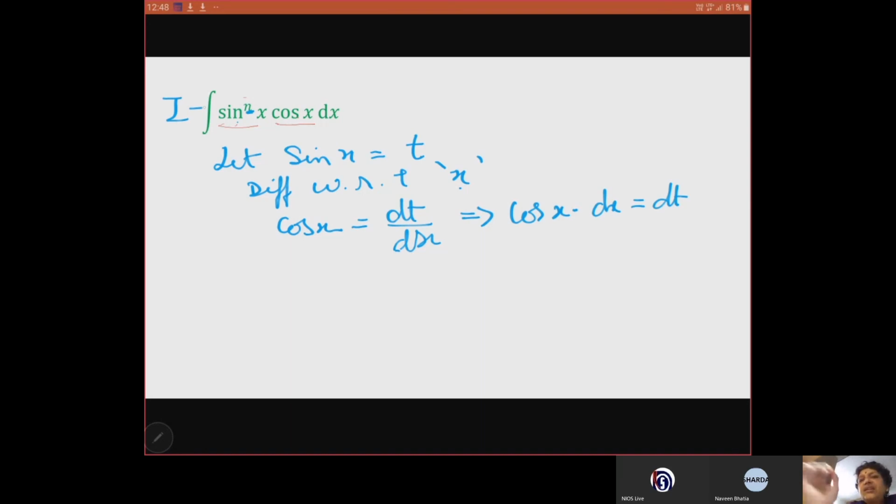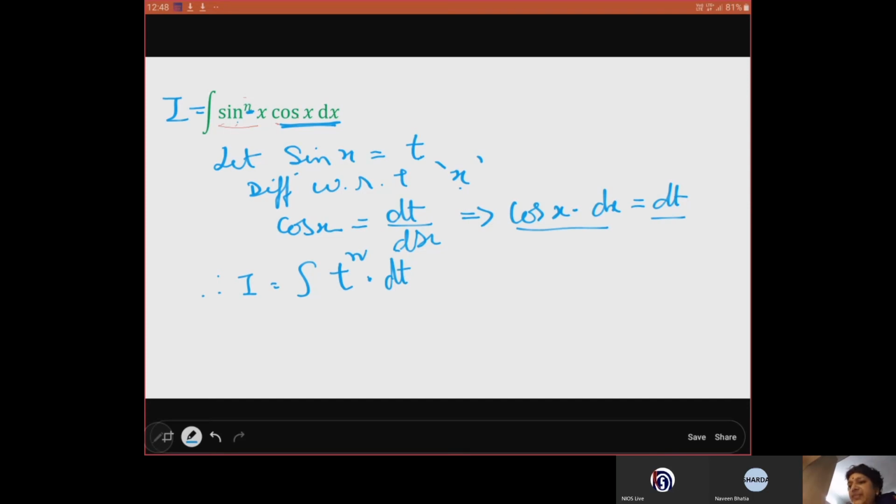So what does the given integral become? I had sine x to the power of n. Sine x is t now. So t to the power of n into, the value of cos x dx is dt. So instead of cos x dx, I write it as dt.